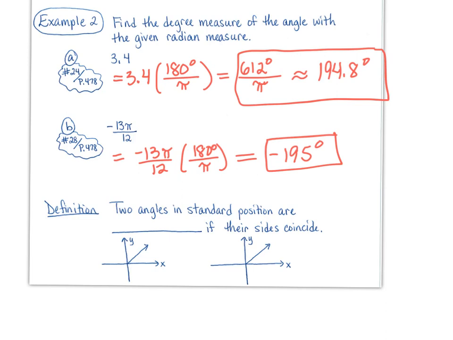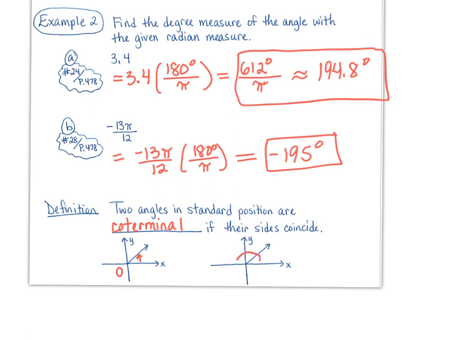Let's talk about two angles in standard position. Suppose we start out with two angles in standard position. These are coterminal if their sides coincide. So, for example, here is an angle there.